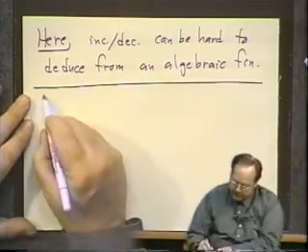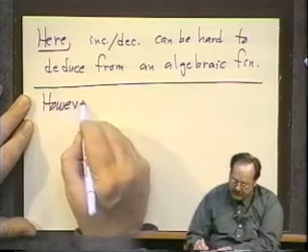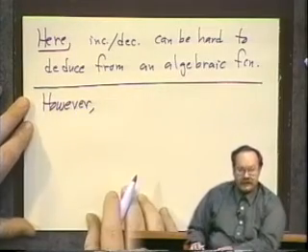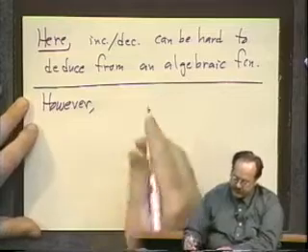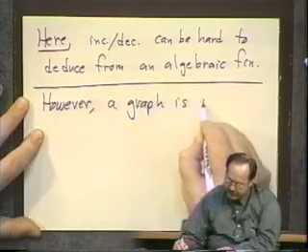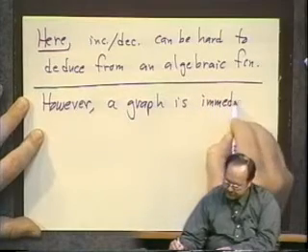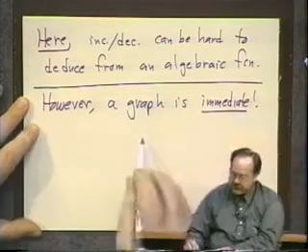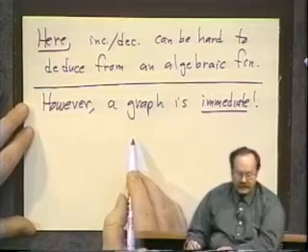However, if you have a picture, it's very easy to tell whether it's going up or going down. A graph is immediate. It's immediately apparent whether it's increasing or decreasing.